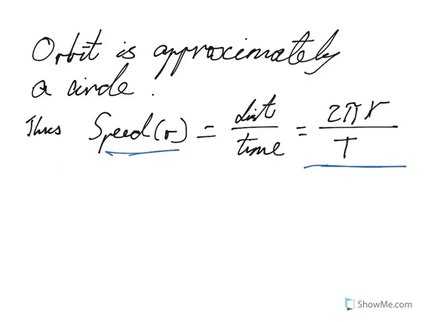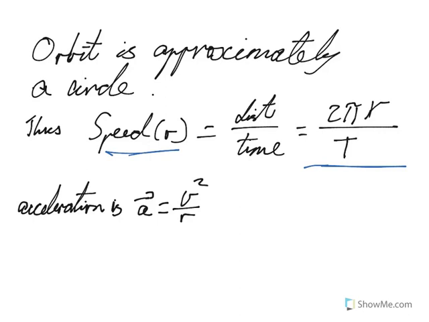Now acceleration. There's a whole bunch of things we can use for acceleration, which would all be equal. If it's going in a circle, v squared on r is what we could use. If we use this speed up here and make a substitution, we get 4 pi squared r over T squared.